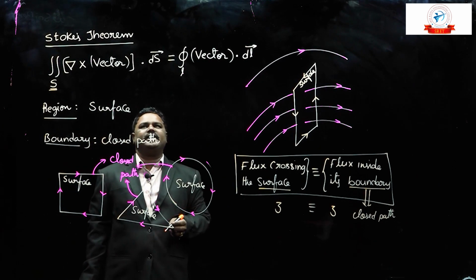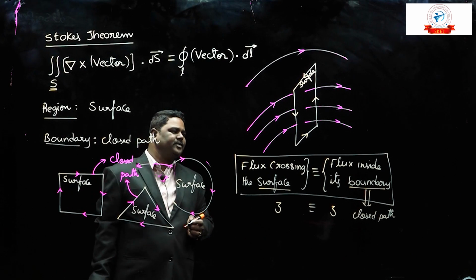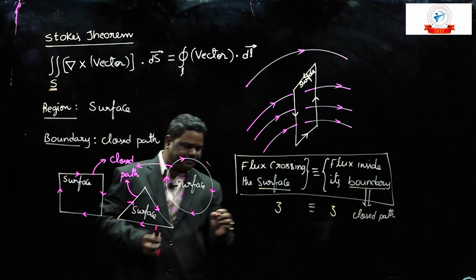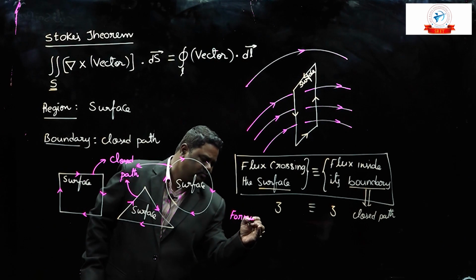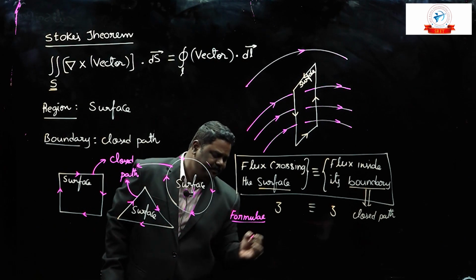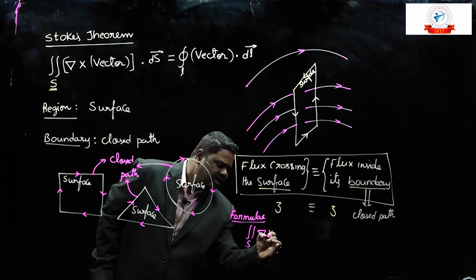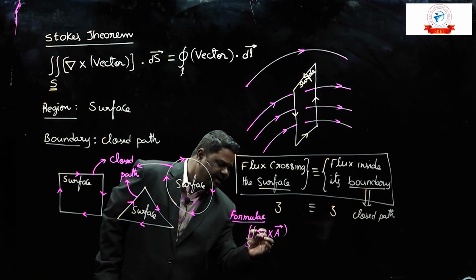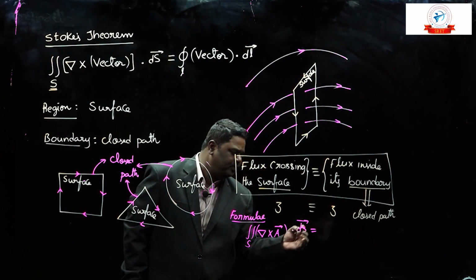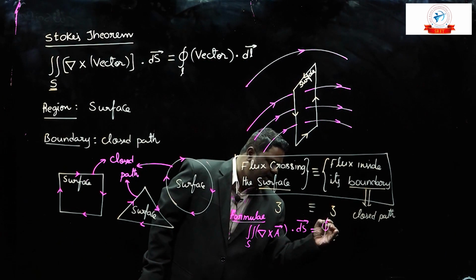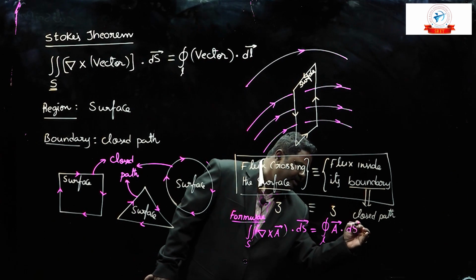Now let us write down this Stokes theorem in the form of a formula. What will be the formula here? The formula will be: the surface integral of curl of vector A dot ds is equal to the closed path integral of A dot dl.